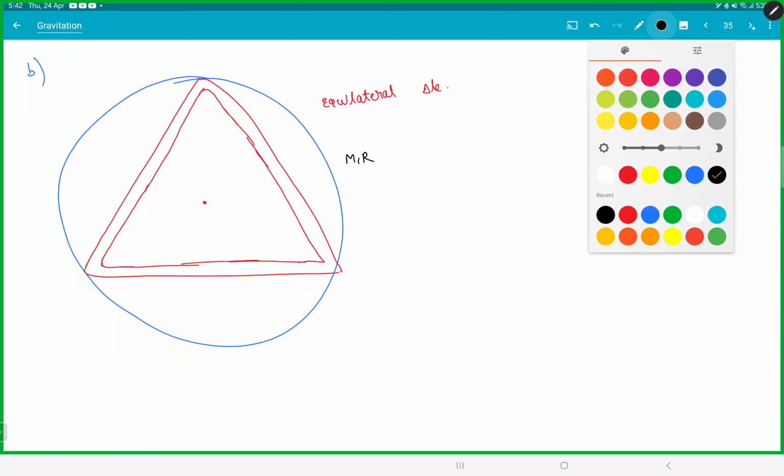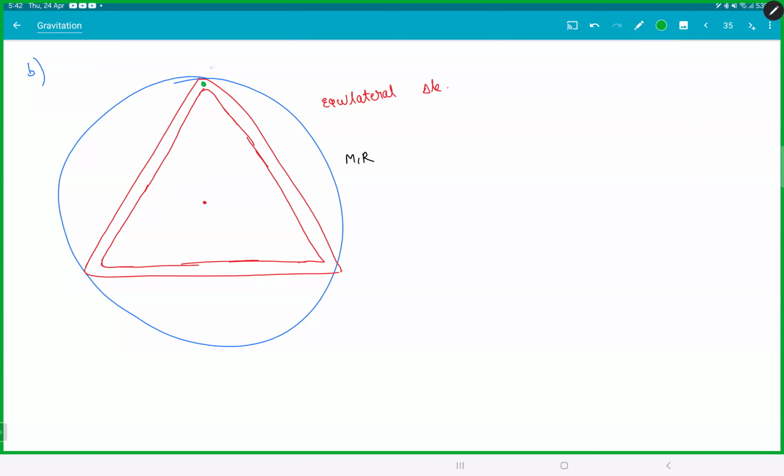The particle is released from rest here. Tunnel is smooth. Now find the time taken for one complete trip. So these edges are smooth, okay? So even if the collision E is equal to 1, it will just keep moving.